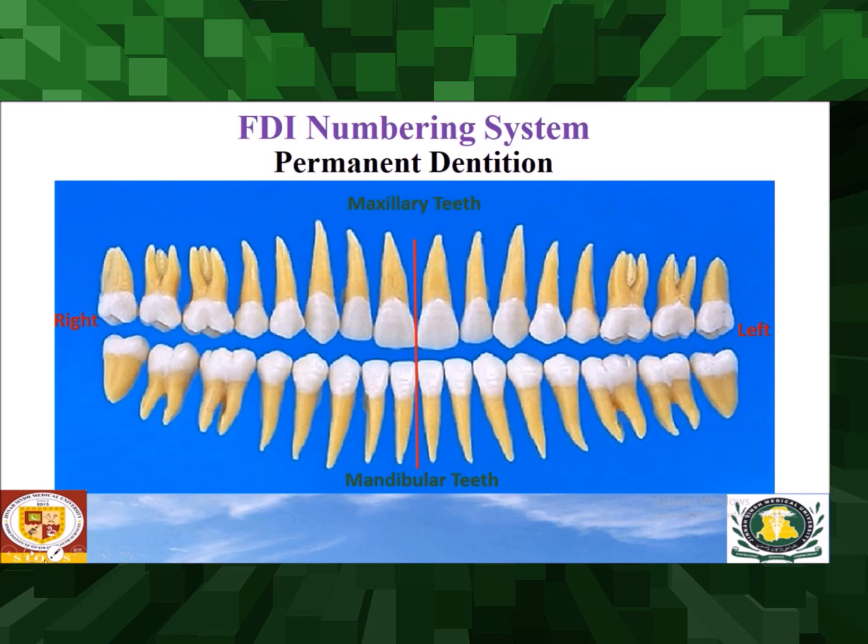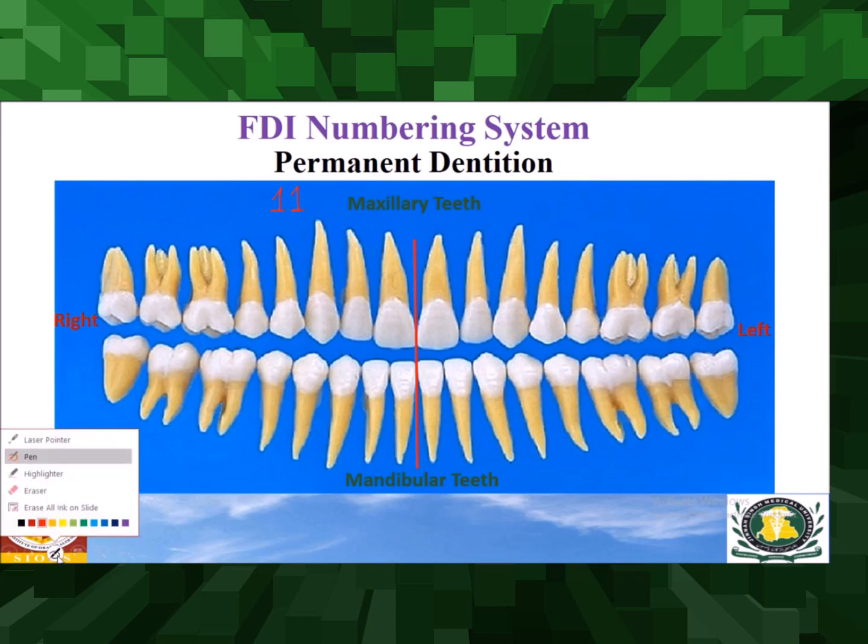In the FDI notation system, the maxillary right quadrant is numbered 1, and this tooth is the first tooth from the midline, so we number it 1. This tooth is pronounced 1-1, not 11.